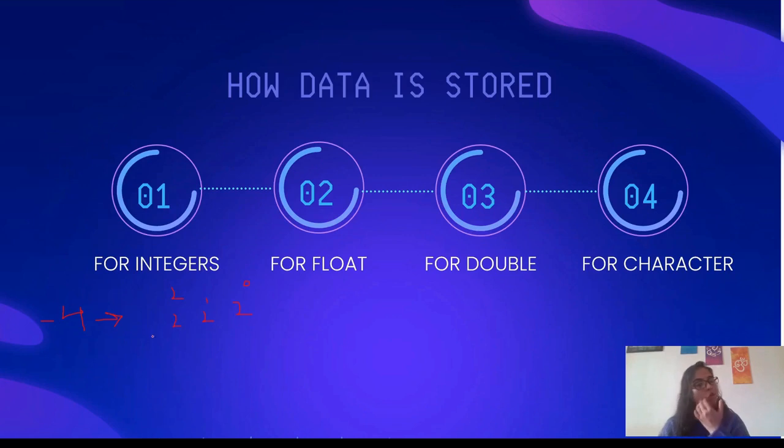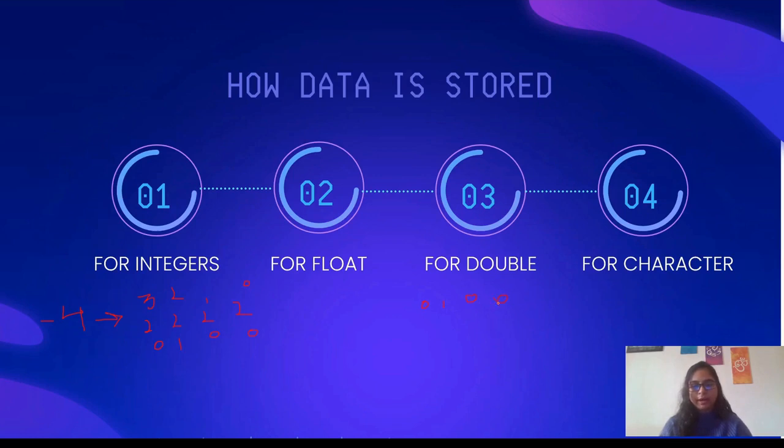If you want another digit you can increase it. So just keep on increasing the power of 2 as you move on. Here it will be 0, here also 0, here 1, and here 0. So this is my representation: 0, 1, 0, 0.